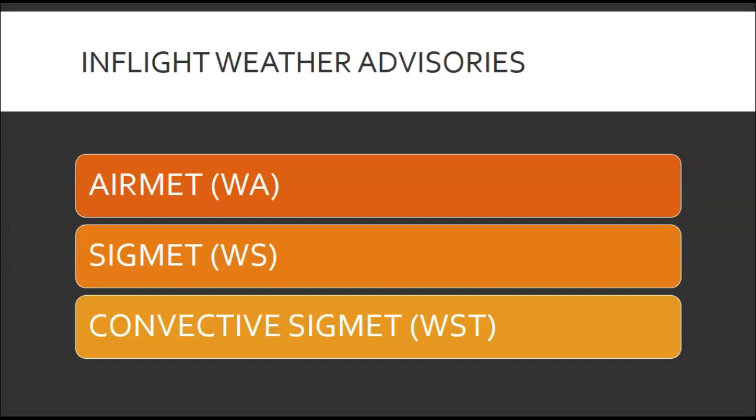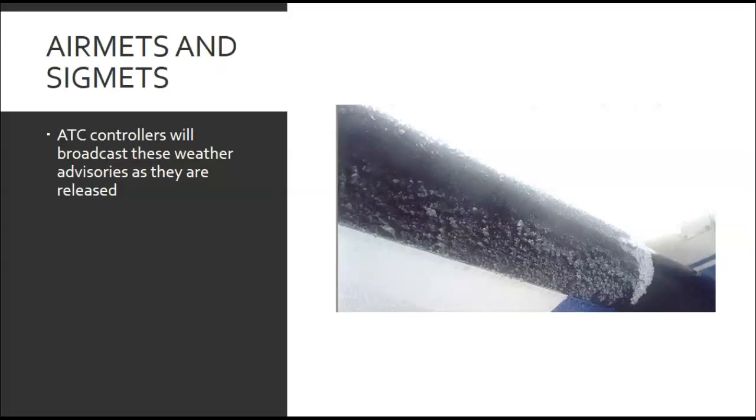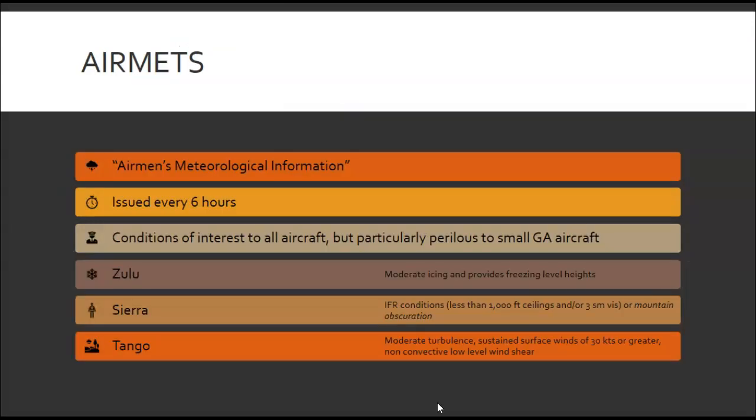3 in-flight weather advisories that you need to understand are the AIRMET, the SIGMET, and the convective SIGMET. AIRMETs and SIGMETs are weather advisories that will be broadcast by air traffic controllers as they are released.